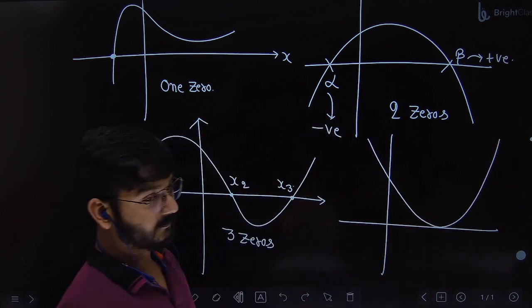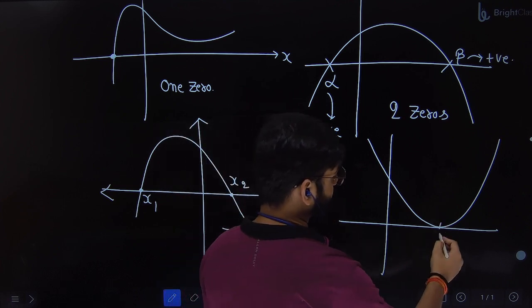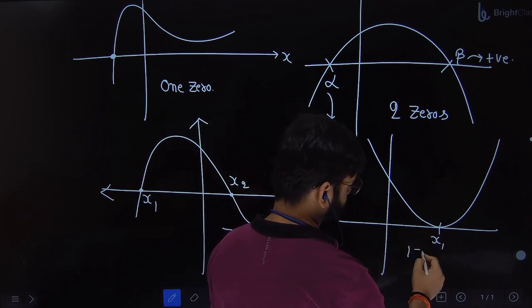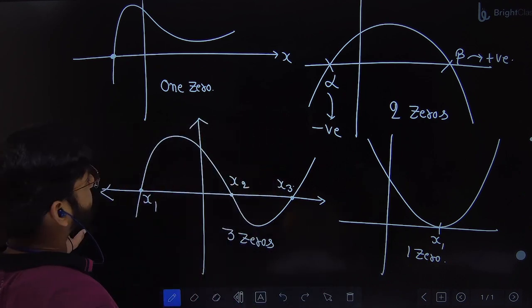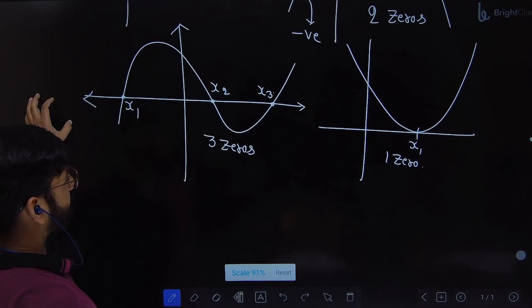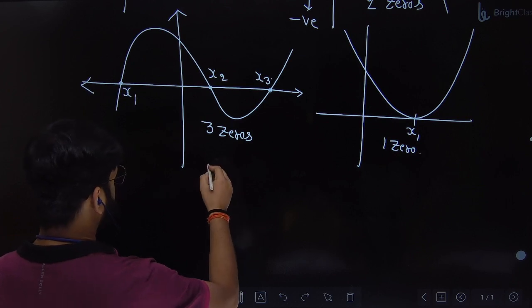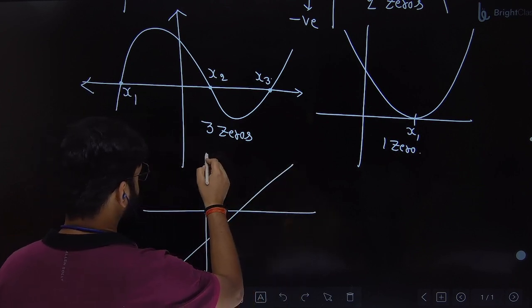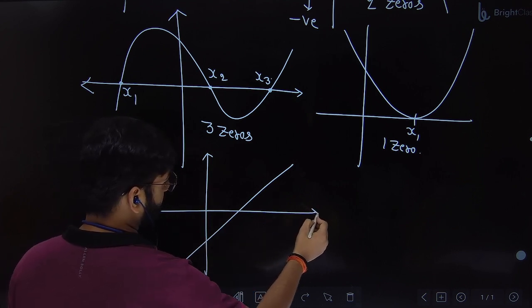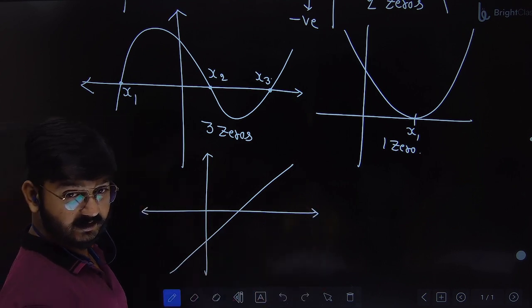How many zeros? How many zeros? One, not two.